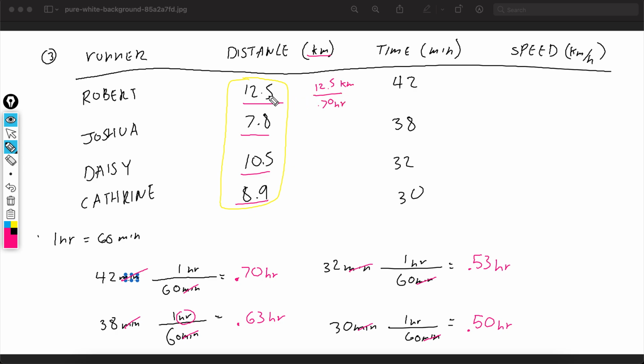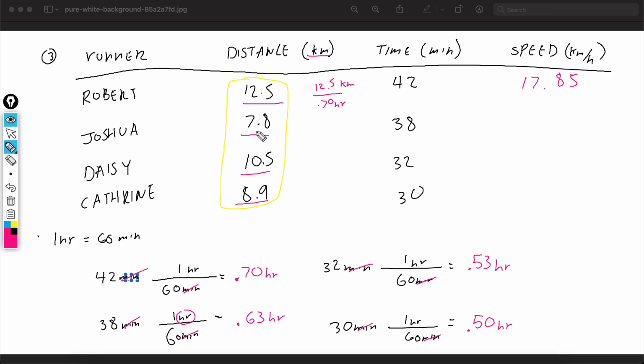I got the kilometers from up there because all of these are kilometers. I'm just not going to write kilometer every time. 12.5 divided by 0.70 hours equals, what is that? 17.85 kilometers per hour.